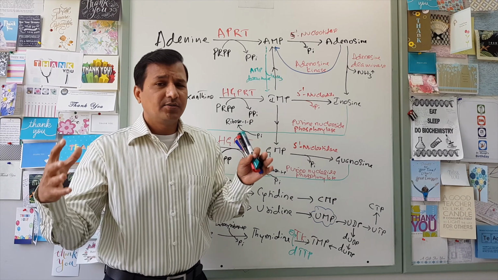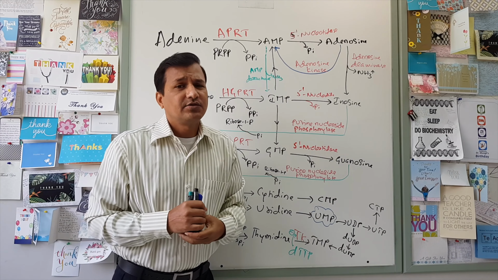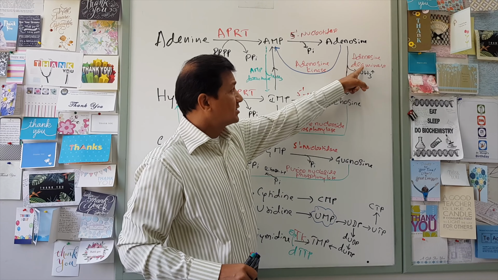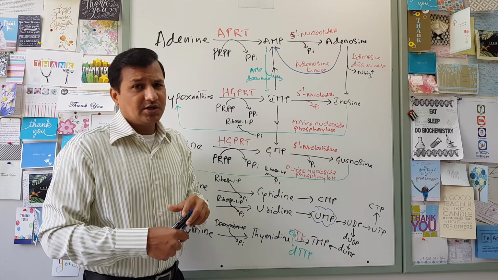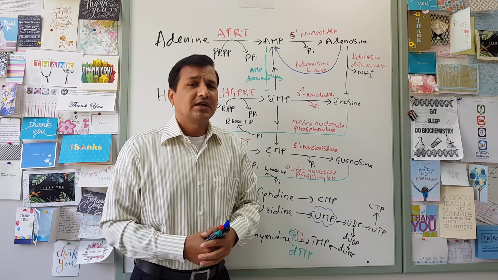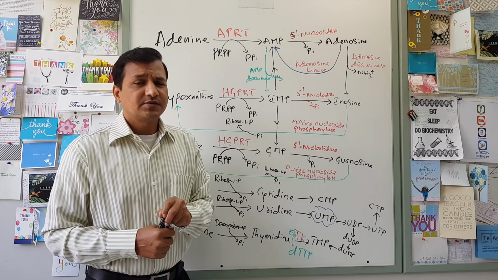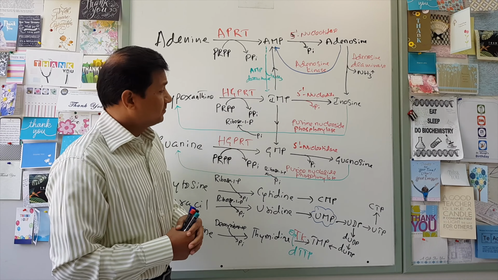Around 50% of the cases of severe combined immunodeficiency disease are because of autosomal recessive deficiency of adenosine deaminase enzyme, which gives rise to both B cells and T cells being defective. I have a video on severe combined immunodeficiency disorder. The link for that video is in the description below.